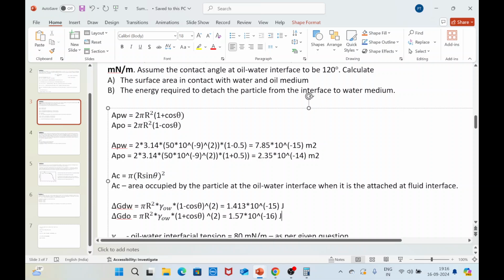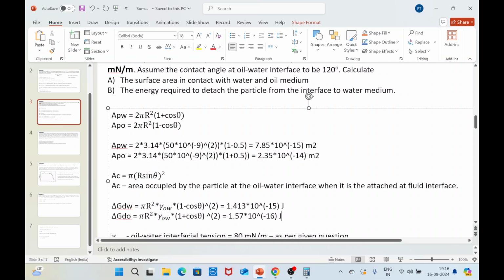Similarly, if your contact angle is going to be 90, then that condition is called neutral wetting, where the area present in the water as well as the oil medium will be the same, because the particle is exactly in between your oil and water.